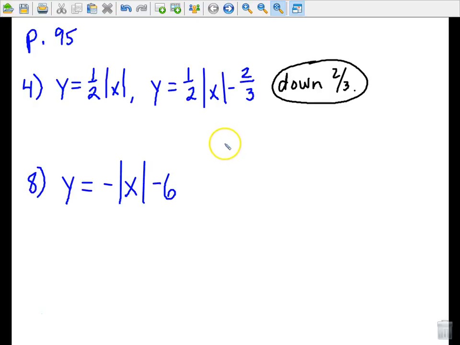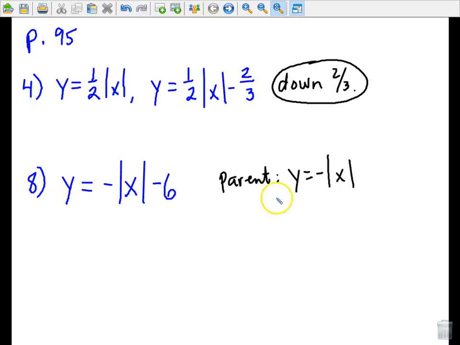All right, number 8. The directions here say for each function, identify the parent and the value of k, and then graph the function by translating the parent. So first of all, what is the parent function? We're supposed to identify the parent, and that would be y equals the opposite of the absolute value of x.